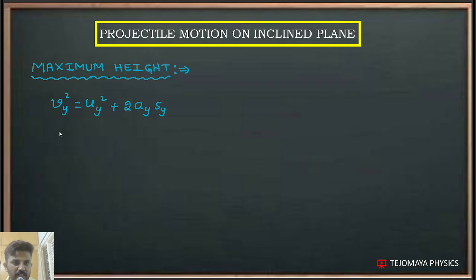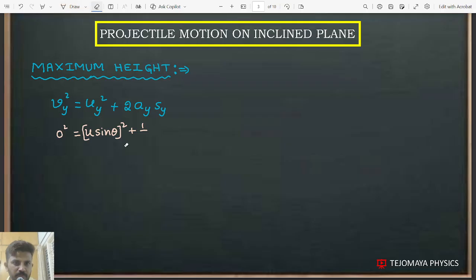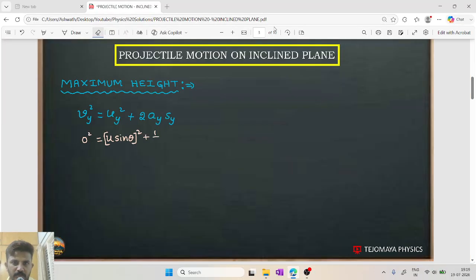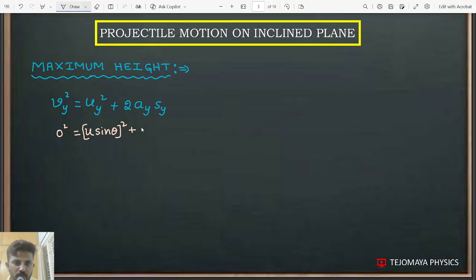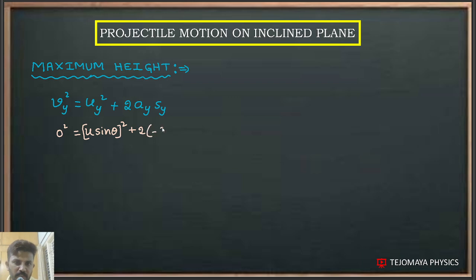So velocity along y-axis will be 0, that is equal to initial velocity along y-axis, u sine theta, whole square, plus 2 into acceleration along y-axis, which is minus g cos alpha, into total displacement along y-axis, which is h.